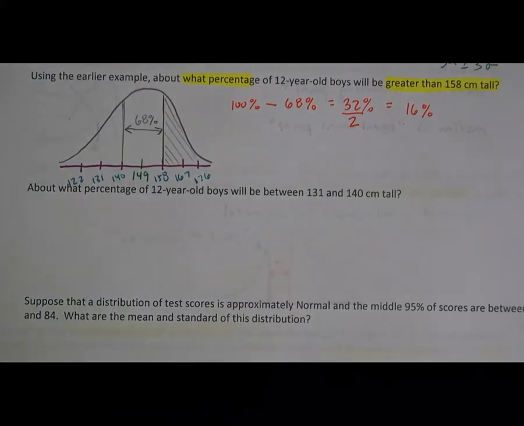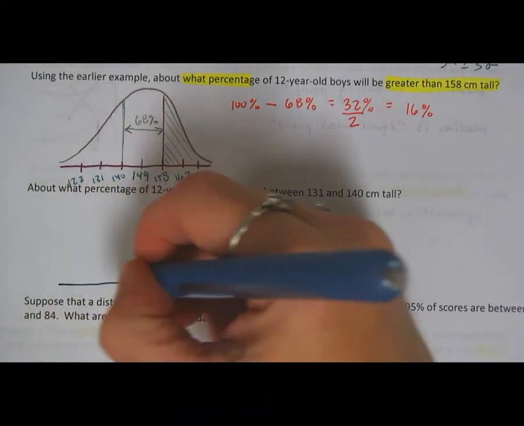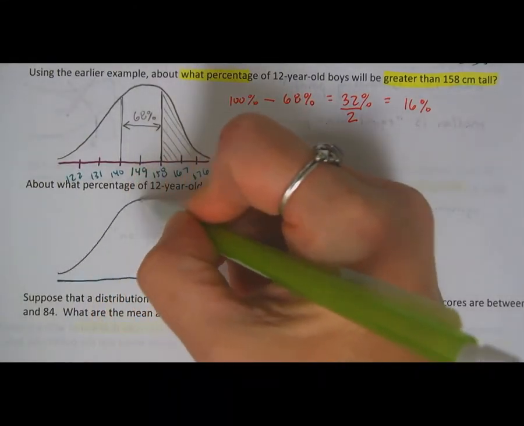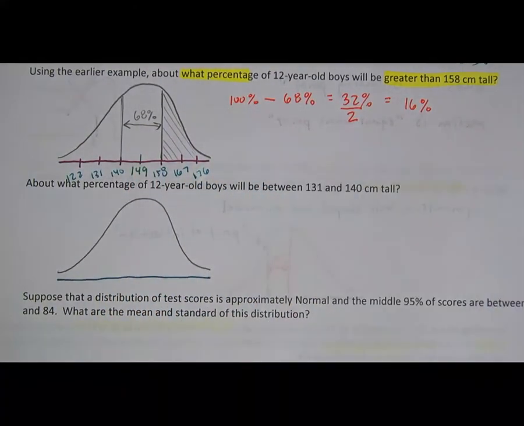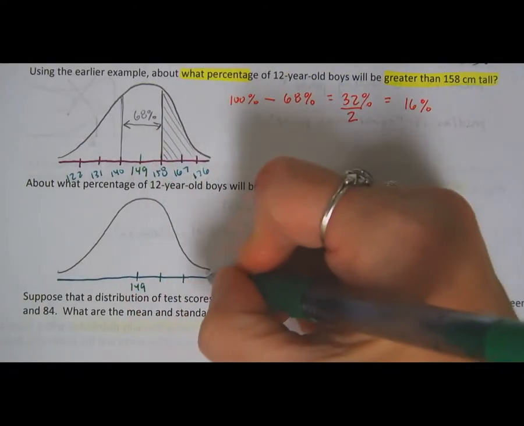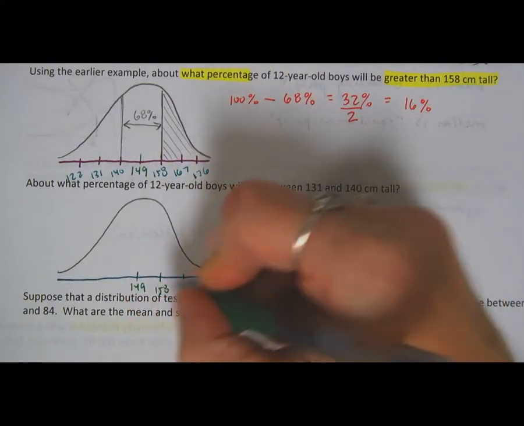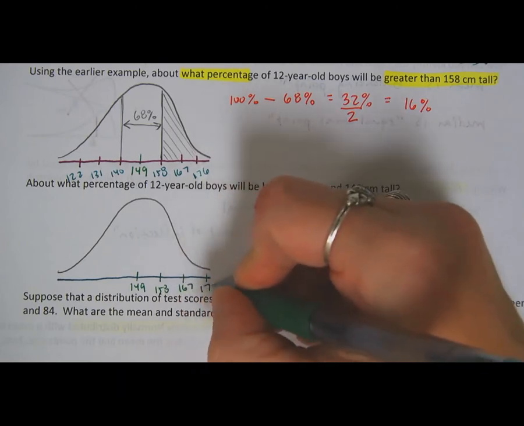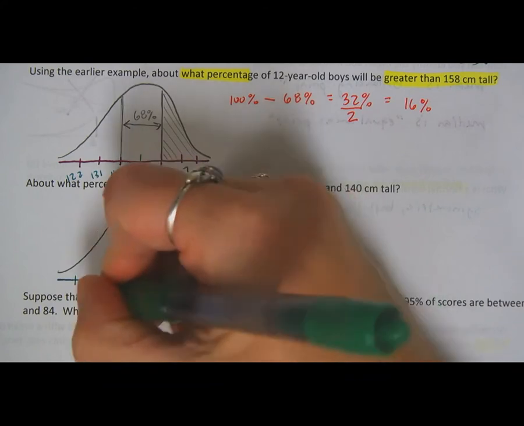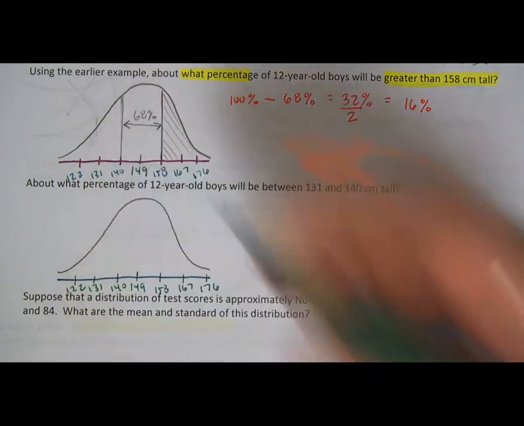So let's use the same concepts, and this, I lose a lot of people on this one, so see if you can follow me here. 149, 158, 167, 176, 140, 131, 122.